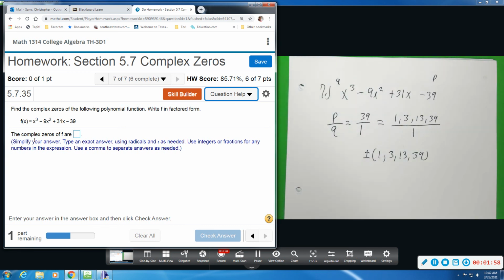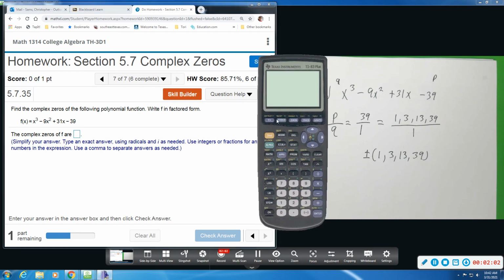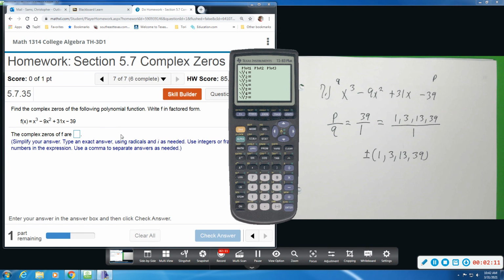A lot of work. So we're going to graph it. Go to y equals. Let me turn this on first. I'm going to clear out what I have here, and I'm going to graph this polynomial.